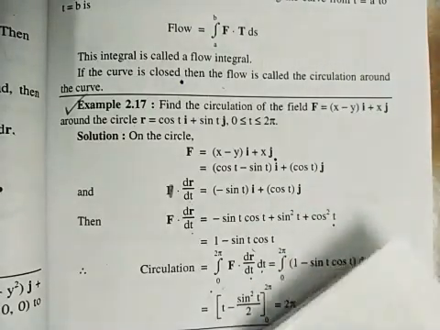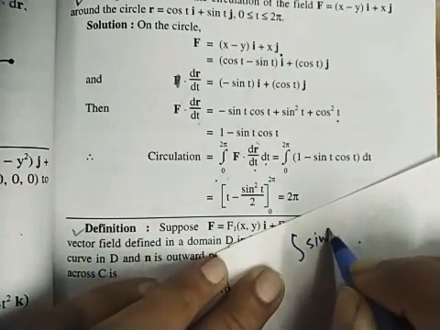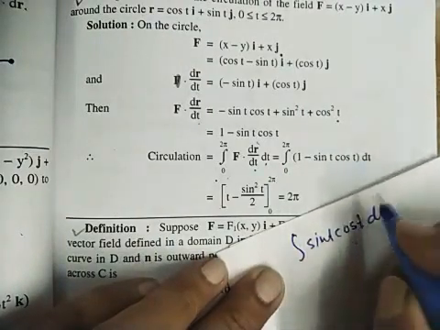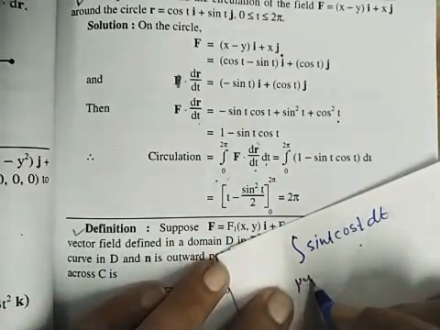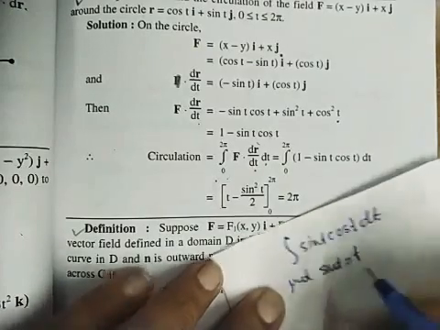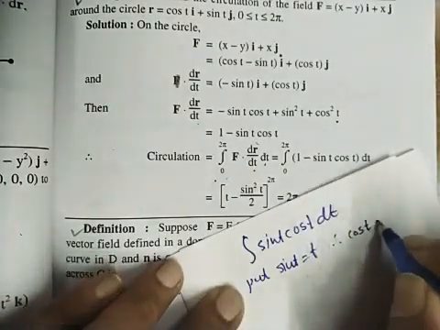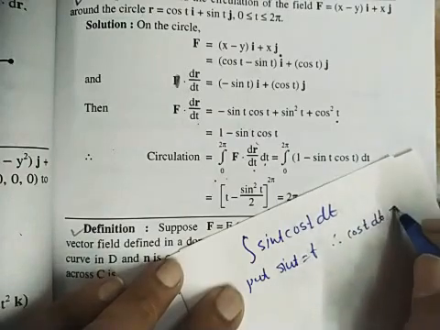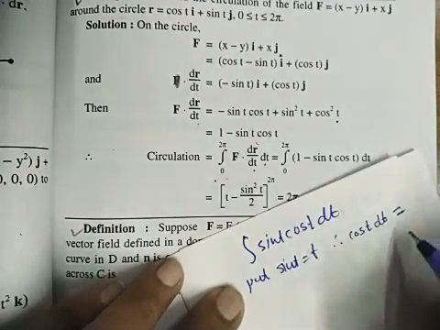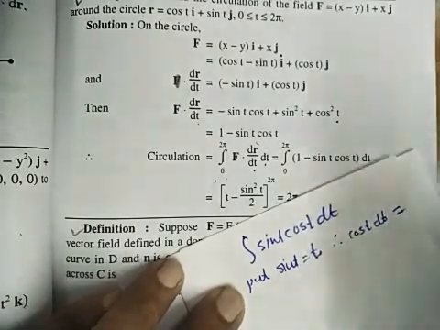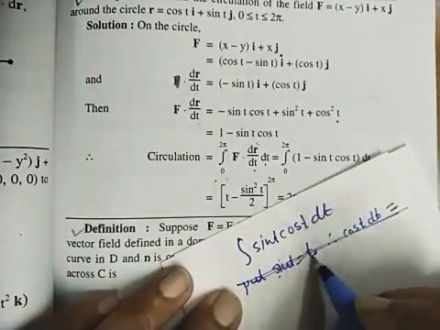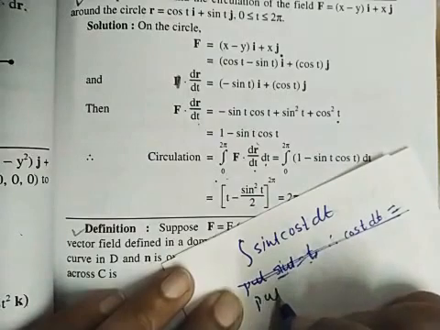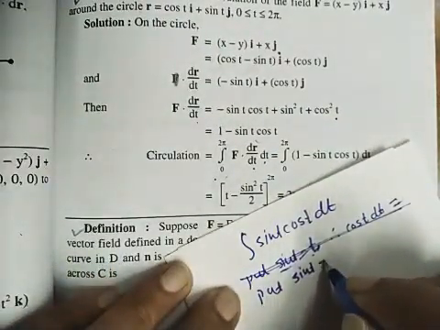We know how to calculate the integration of sin t cos t dt. We know cos t is the derivative of sin t, so let us put sin t equal to x, since we cannot use t again as the variable.